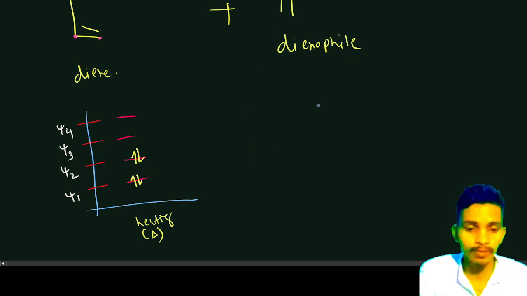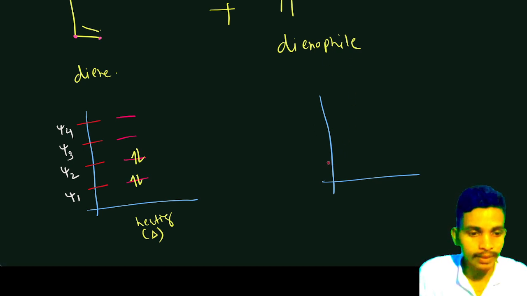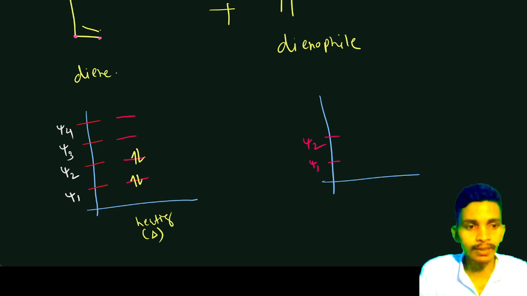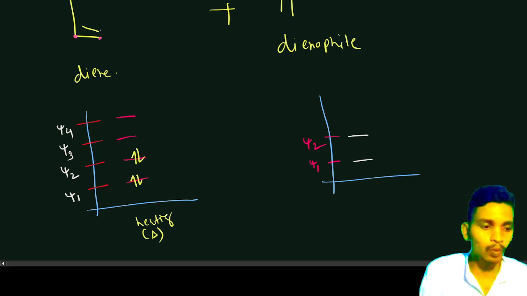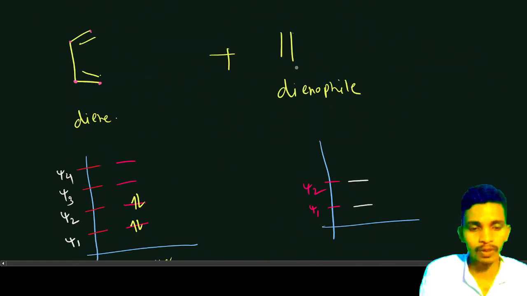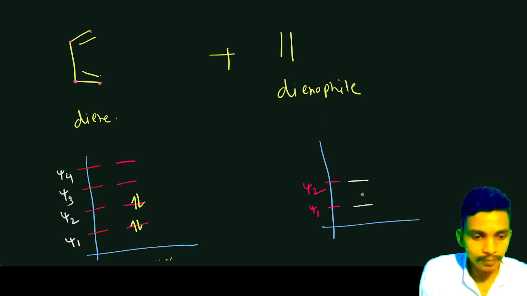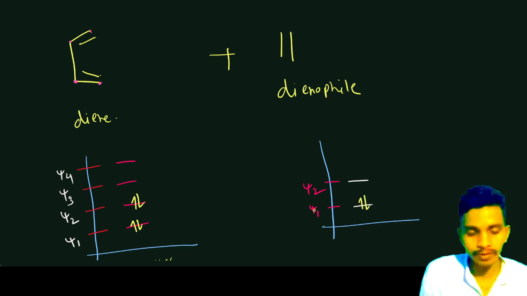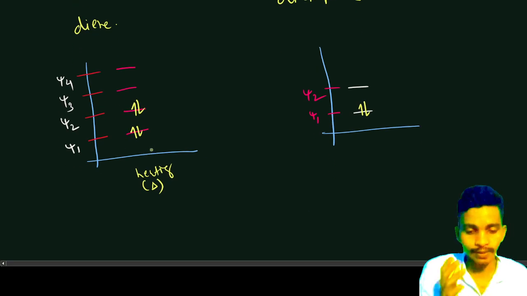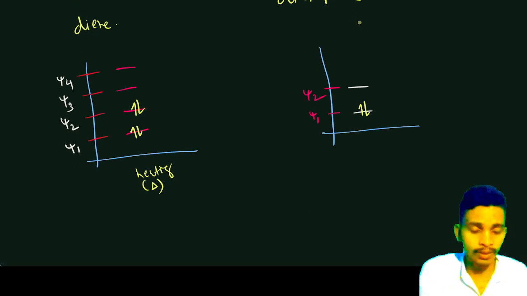There are 2 carbon atoms, so this is psi 1 and this is psi 2, with energy levels 1 and 2. Now count the number of double bonds. A dienophile always has 1 double bond, which means 2 pi electrons. So this is the representation of the diene and the dienophile.